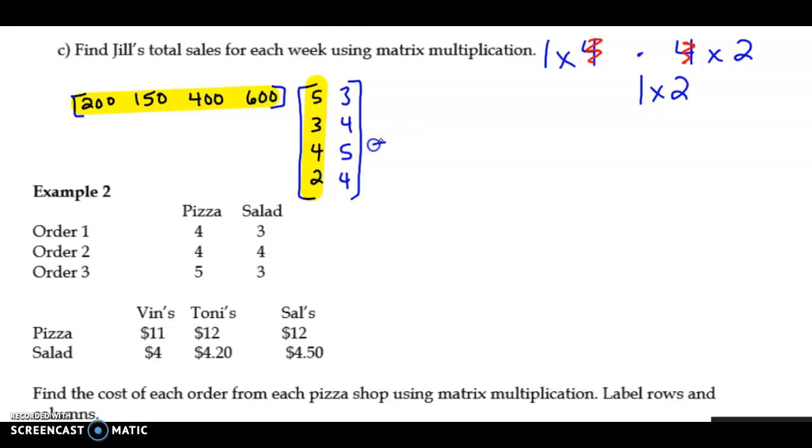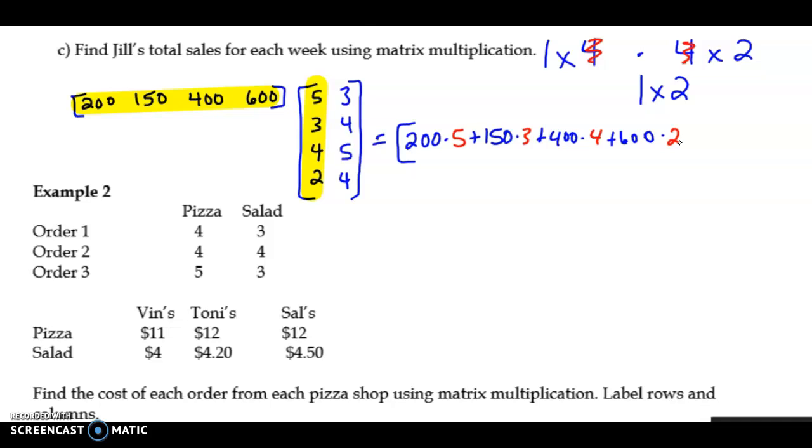So if I do that, I'm going to take that first row, so 200 times 5, plus 150 times 3, plus 400 times 4, plus 600 times 2. So that's for that first value.